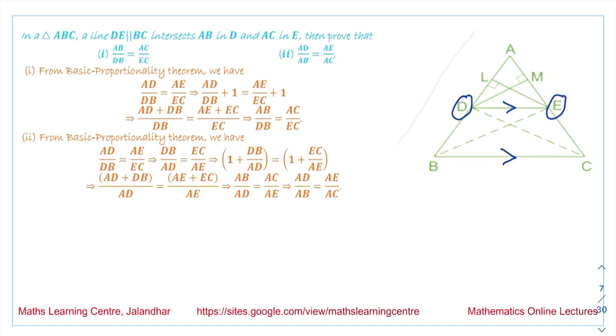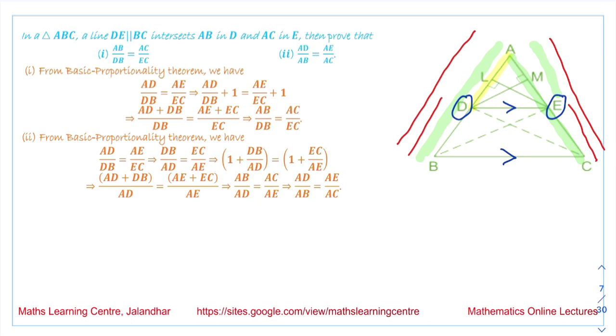First is AB, this whole length, over DB is equal to AC over EC. And second, we are proving that AD over AB, this whole length, is equal to AE over AC.